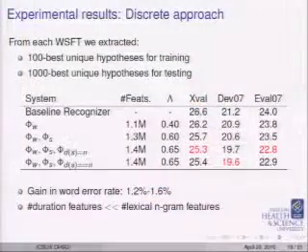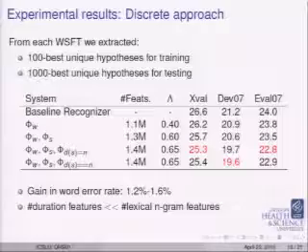So for each weighted finite state transducer, we extracted 100-best hypotheses for the training and 1,000-best hypotheses for the testing. Here you can see in the first row the results for the baseline recognizer. Then we build a discriminative model with only lexical features, using around 1.1 million features in the training and an interpolation weight of 0.30.